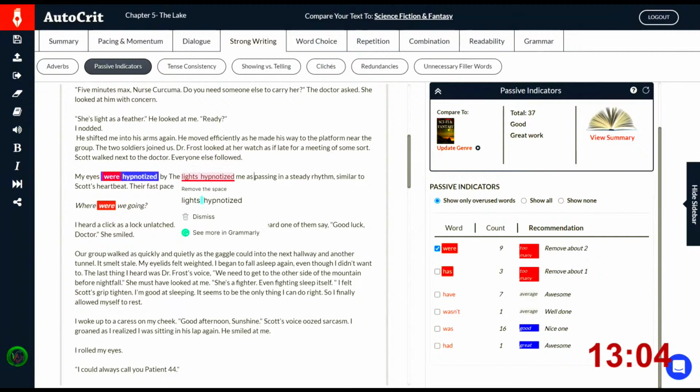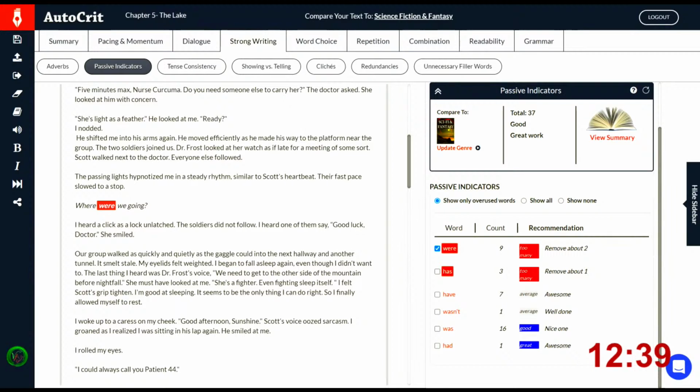The passing lights hypnotizing in a steady rhythm. The passing lights hypnotize me in a steady rhythm similar to Scott's heartbeat. Their fast pace slowed to a stop.